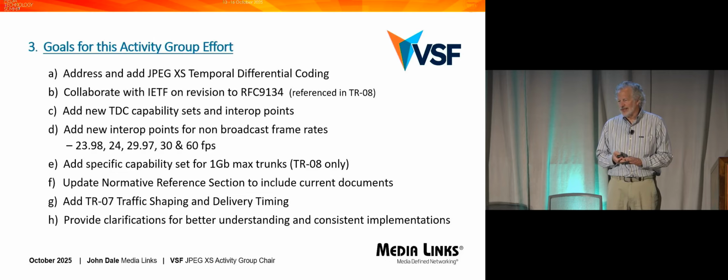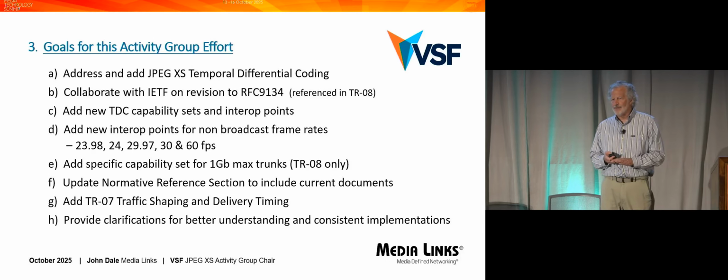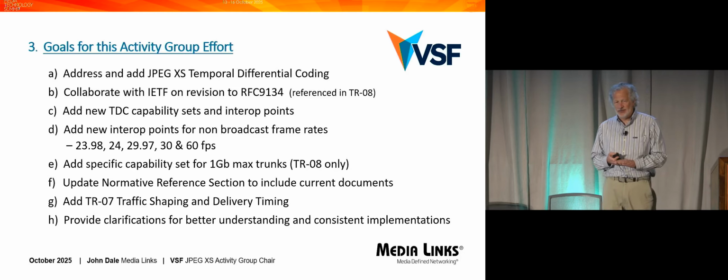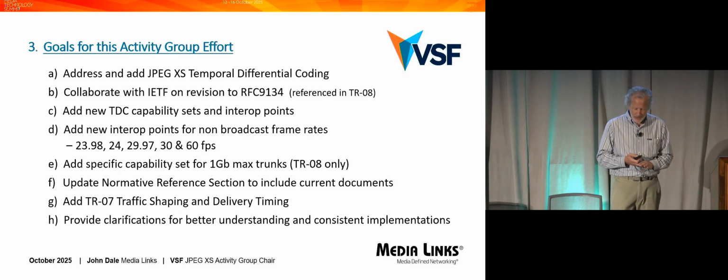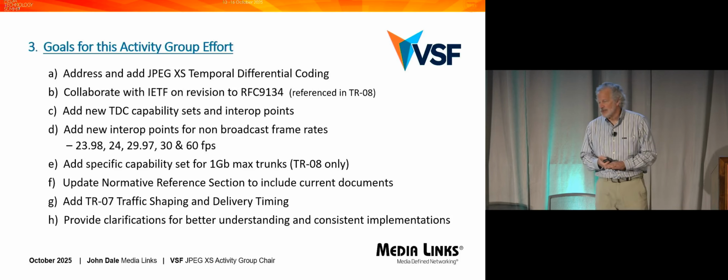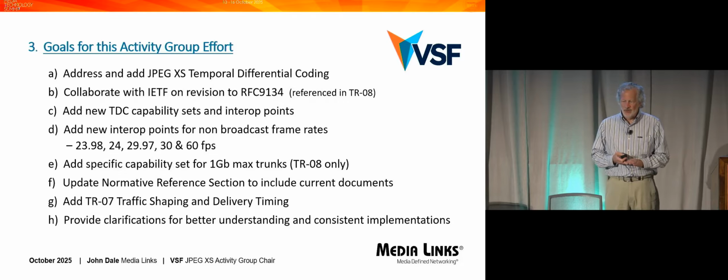We've also added a 1 gig max interoperability table in TR-08 that's really focused at IPMX applications where bandwidth is limited, and that will have a higher compression than what's used on the other capability sets. We've updated the normative reference section to include current documents.